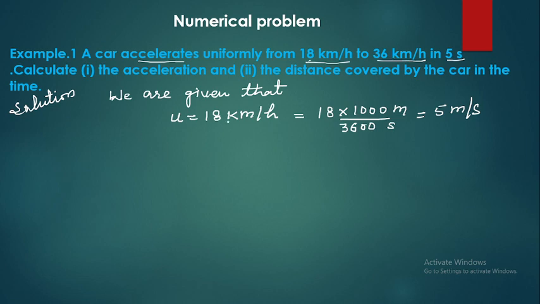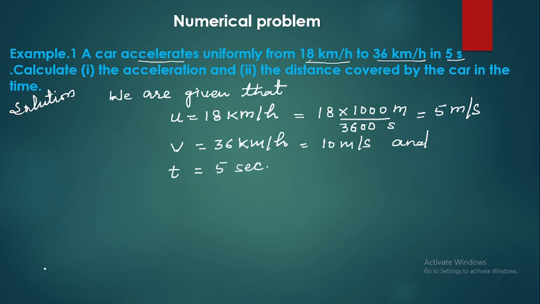And finally v is equal to 36 kilometer per hour, which converts to 10 meter per second. And time t is equal to 5 seconds.